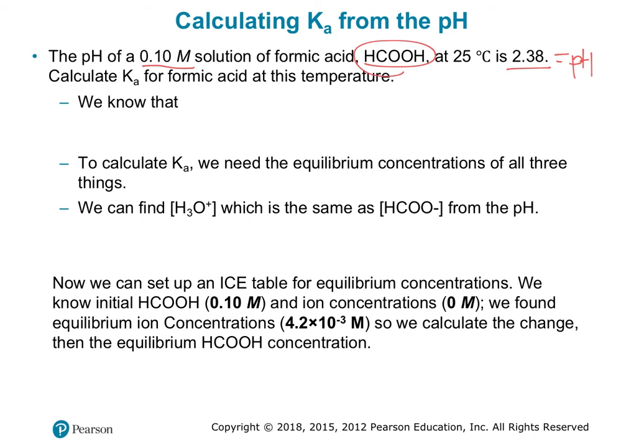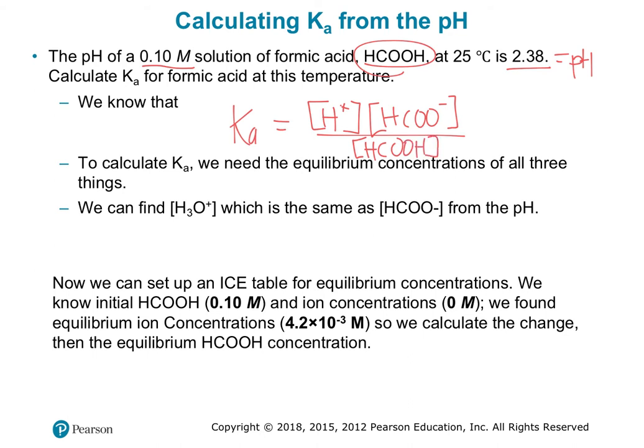Calculate Ka of this acid. The first thing we know about Ka is the expression. For this reaction, it will be the hydrogen concentration times the conjugate base concentration, divided by the original acid, formic acid.